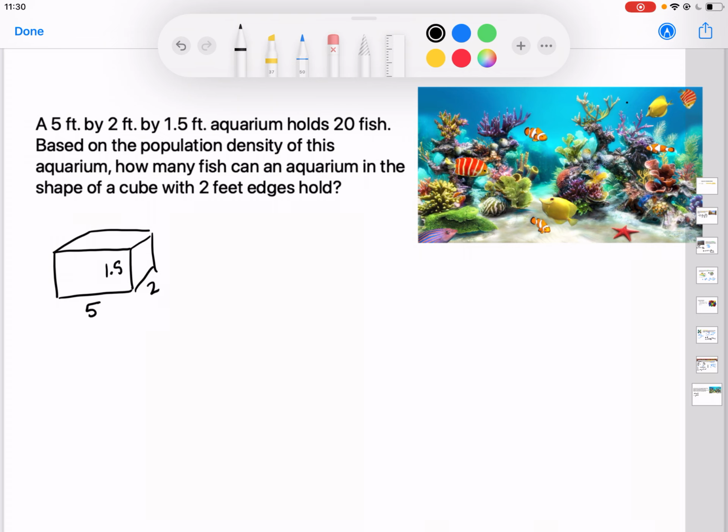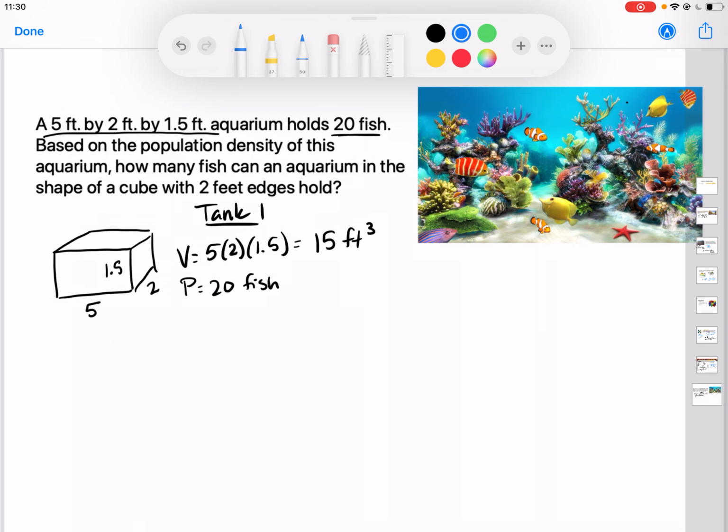And that holds 20 fish. Well, we know we're going to have to find the volume, so why not just find it now? So 5 times 2 times 1.5, you just multiply all those together, will tell us this is 15 cubic feet. And it holds, so the population is 20 fish in this tank.